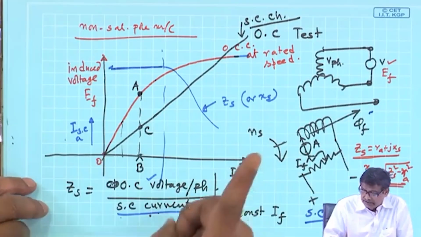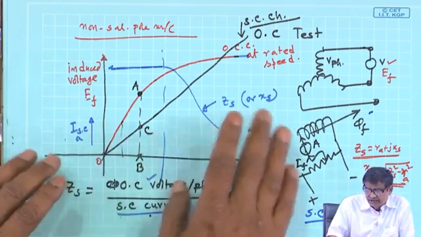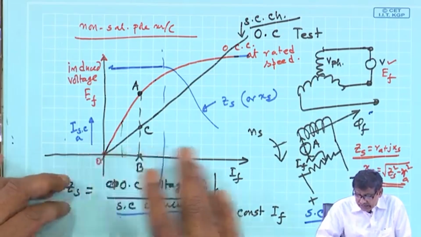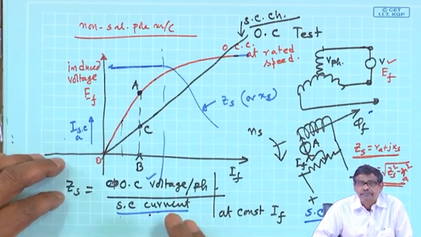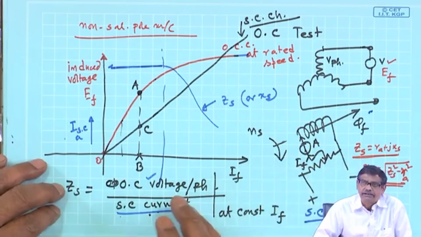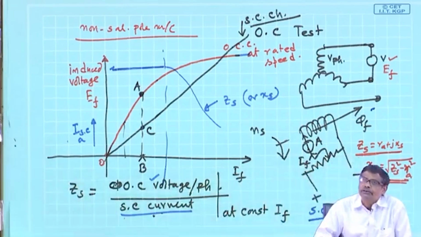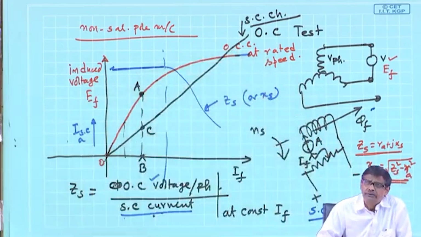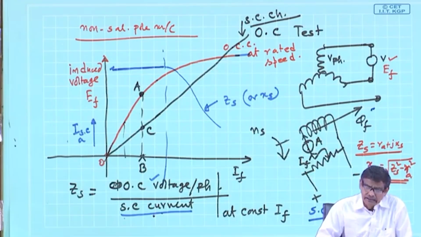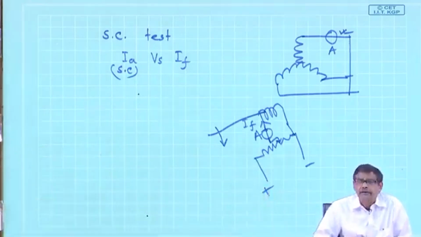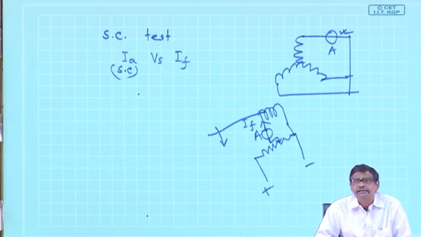You must at least understand that the value of ZS or XS does not remain constant as saturation creeps in, because when the machine operates at different power factors, it may go into the zone where the constant XS assumption may be questioned. But the important thing is, our emphasis was: okay, XS is constant, suppose, let us assume, can I analyze the machine?